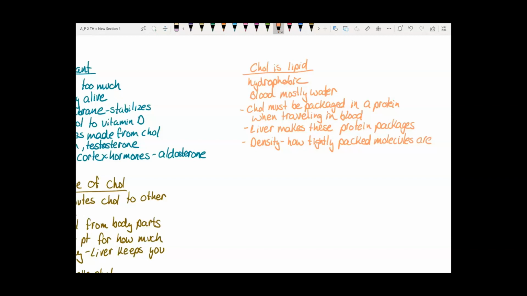Higher density means that the molecules are more tightly packed. Lipids are low density. Think about when you mix oil and water, the oil floats on top. Proteins are high density. So this density is how we name the packages of cholesterol.